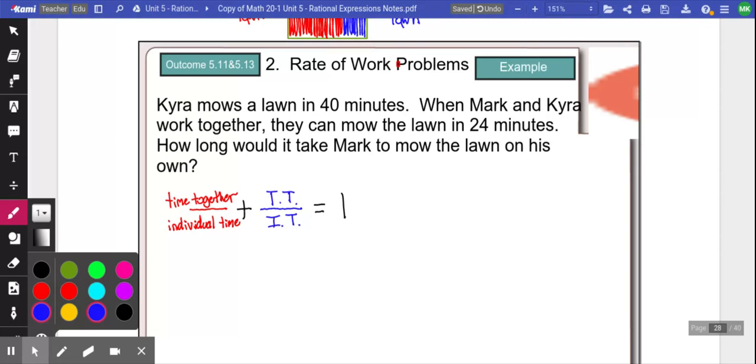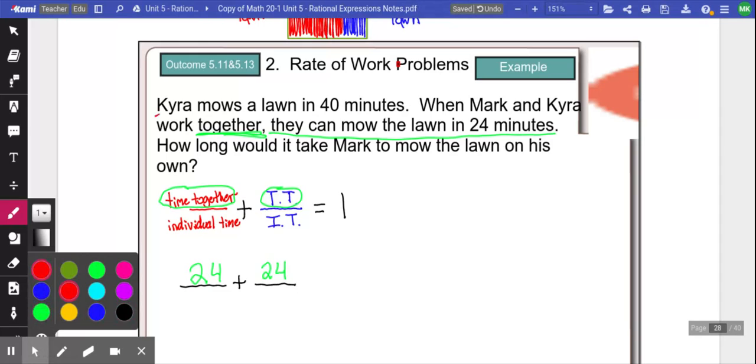Time together. In this question, it told me they can mow the lawn in 24 minutes together. So that means 24 is my time together. So I have 24 plus 24 divided by individual time.